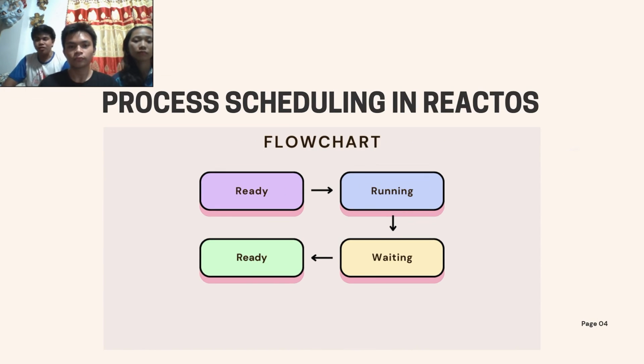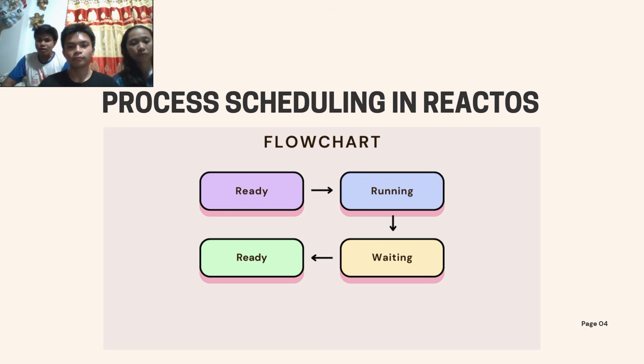Process scheduling in ReactOS. Process scheduling in ReactOS is based on a preemptive, priority-driven, multi-level feedback algorithm, just like Windows NT. This means that every thread is given a priority level and the system always runs the thread with the highest priority first.